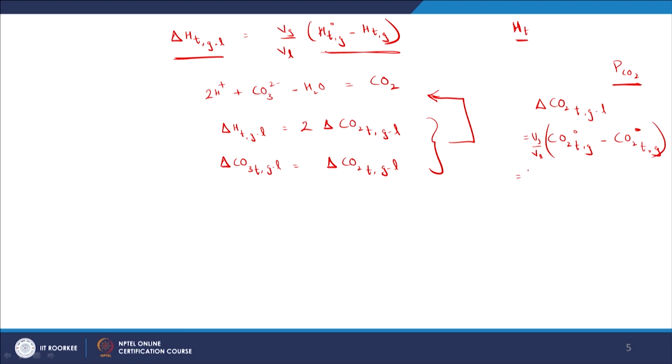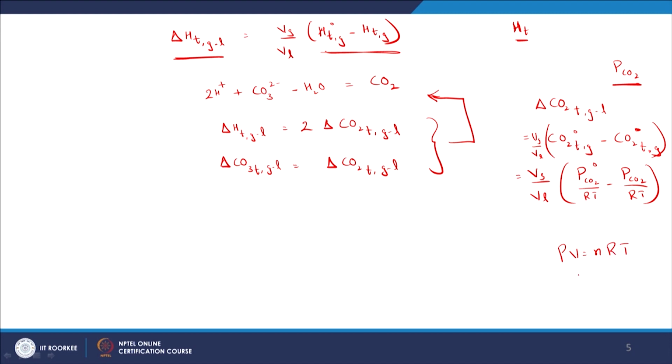And so I can express this as Vg by Vl into, looking at PV equal to nRT, what is this going to be equal to? This is going to be partial pressure of CO2 initially by RT minus partial pressure of CO2 at equilibrium by RT. And where is this from again? We have PV equal to nRT, or the ideal gas law, right.